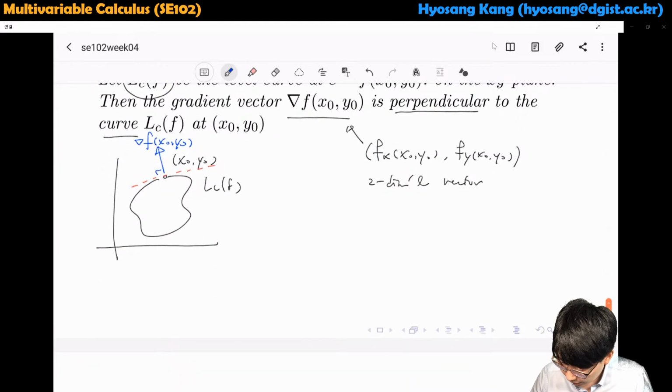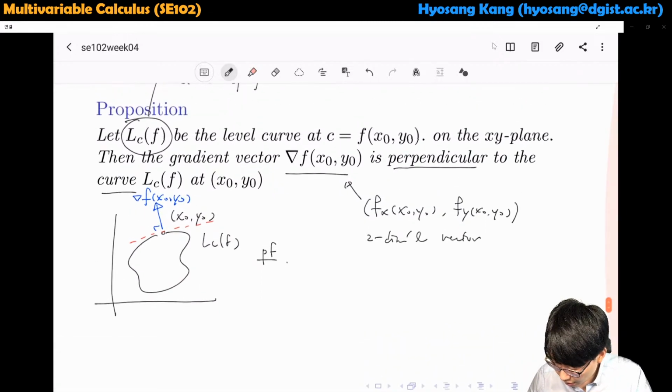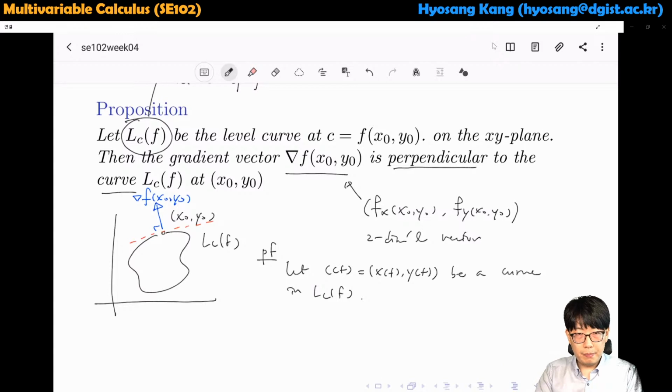Okay, the proof is easy, so let's write the proof here. Let's say c(t), which is (x(t), y(t)), be a curve in the level set L_c f. I'm going to parameterize my level set, which is a level curve inside the two-dimensional plane, as c(t).